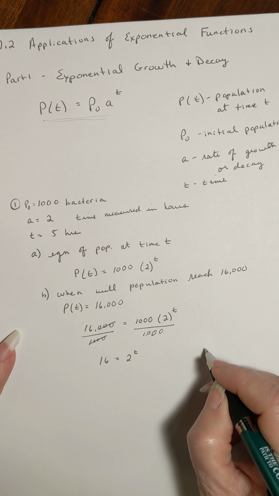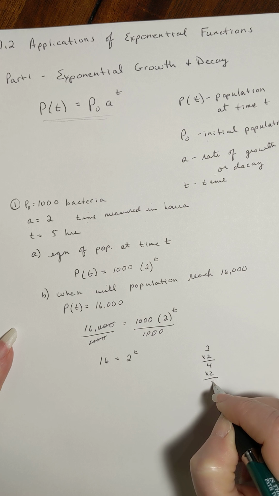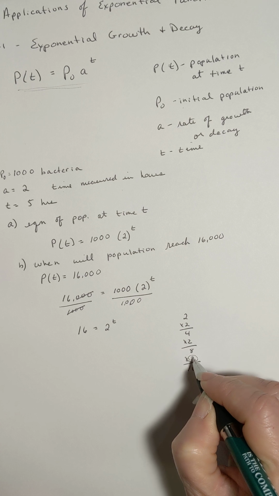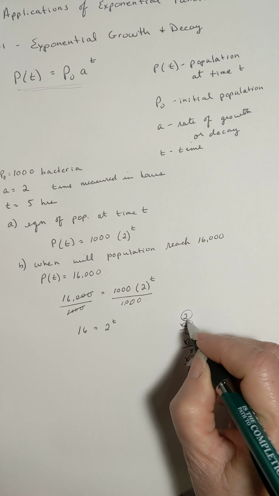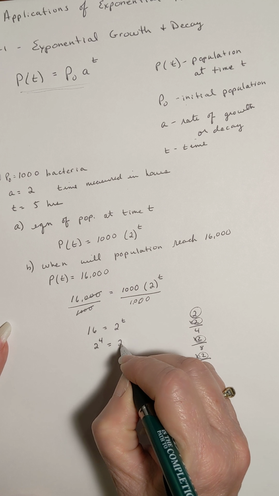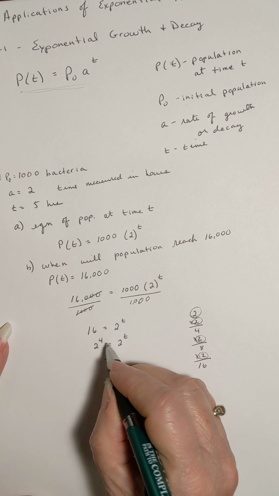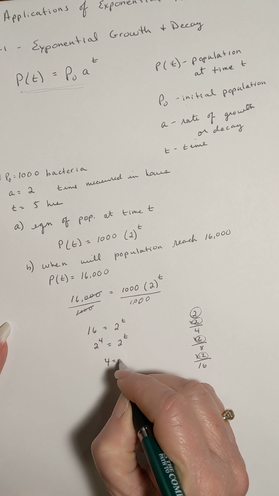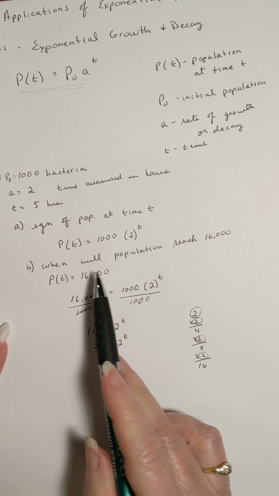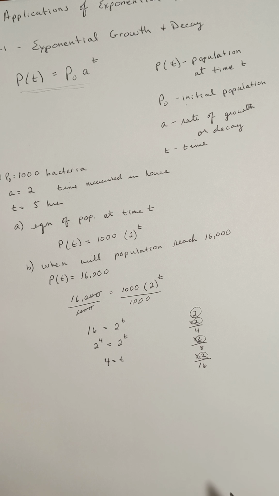So 16: 2 times 2 is 4, times 2 is 8, and then times 2 is 16. So that's four 2's. So this would be 2 to the 4th is equal to 2 to the t. Here, the bases are the same now, so my exponents have to be equal. 4 is equal to t. And so it would take 4 hours for the population of this bacteria to reach 16,000.